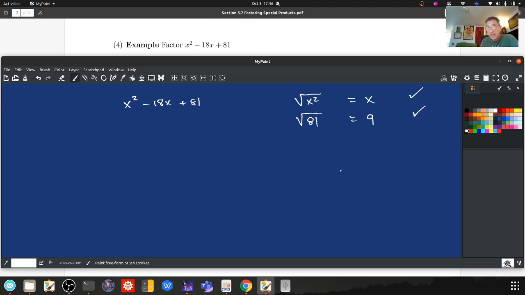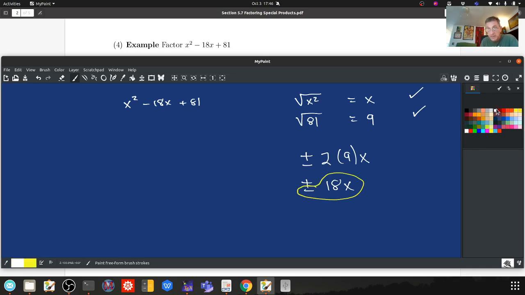So now we have to add one little thing. We have to check if the middle term is plus or minus 2 times 9 times x. And indeed, this is plus or minus 18x, and my middle term is the minus 18x.